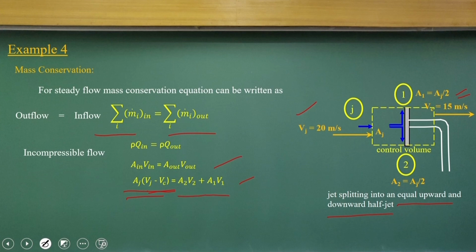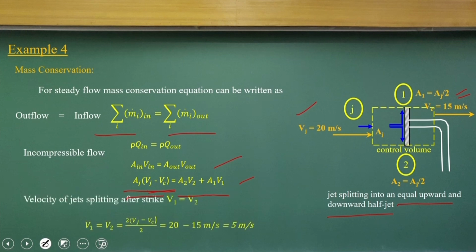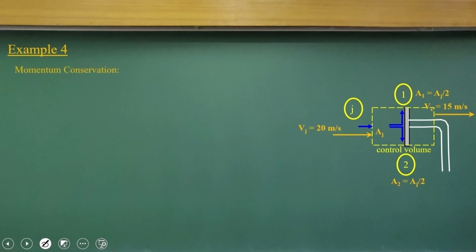So Aj times the relative velocity is equal to A2 V2 plus A1 V1, and from that you can compute V1 and V2, which will be equal, at 5 meters per second. Simple calculations give us that.